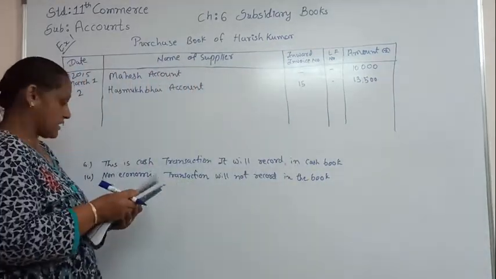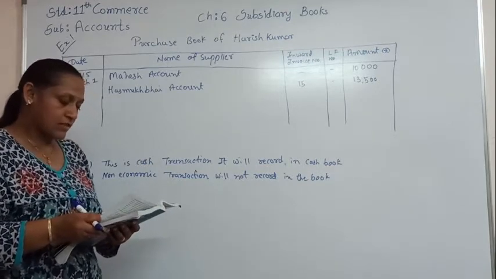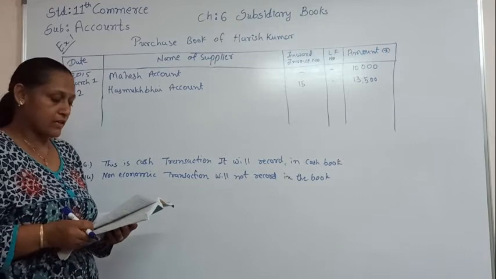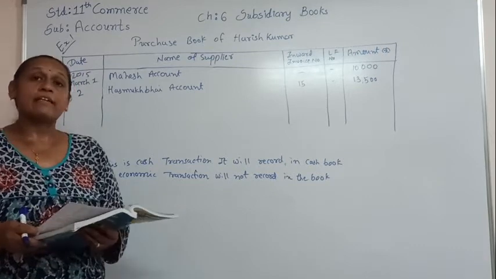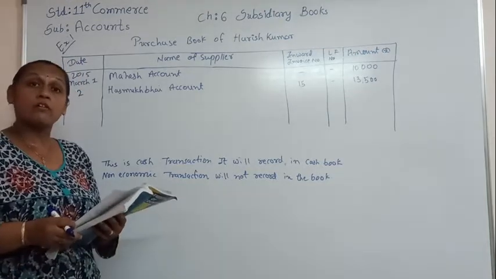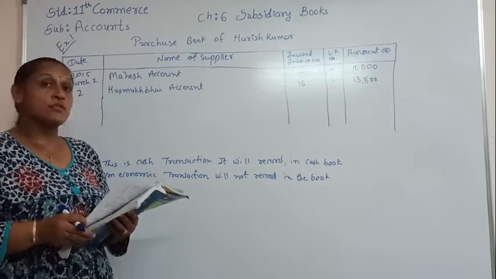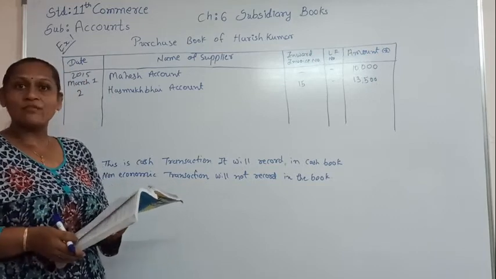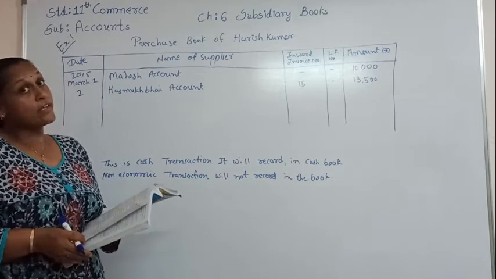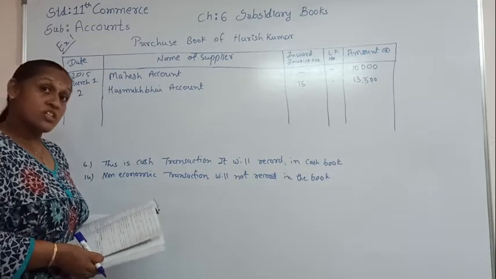Next transaction is on date number 18. Furniture of rupees 6,000 purchased from Sriji Furniture Mart on 1 month credit. As we discussed before, here in the purchase book we are recording only the credit purchase of goods. So credit purchase of asset will not be recorded here. So credit purchase of asset we are going to record in the journal proper.